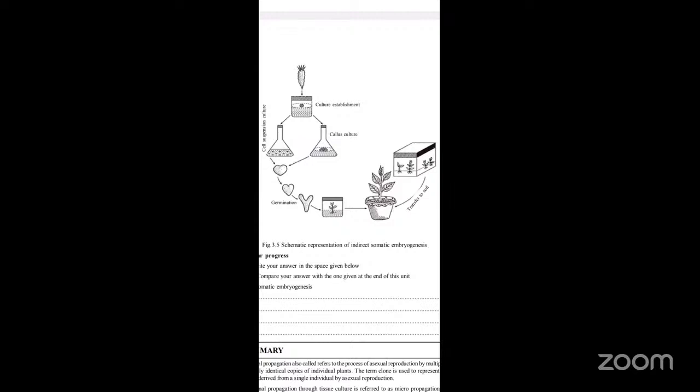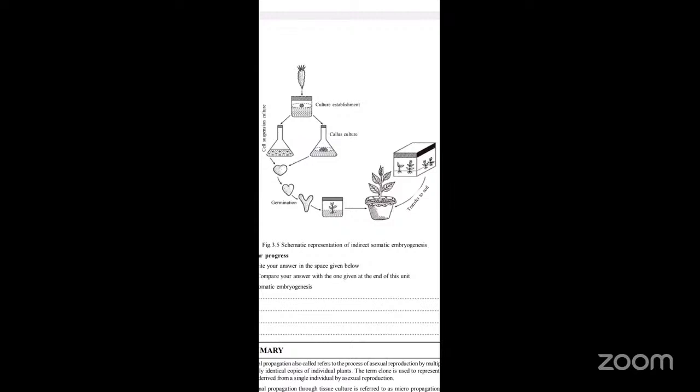Another one is androgenesis. What is androgenesis? It is the in vitro differentiation of callus or plantlets from microspores, which are isolated from pollen grains by culture of excised anthers.